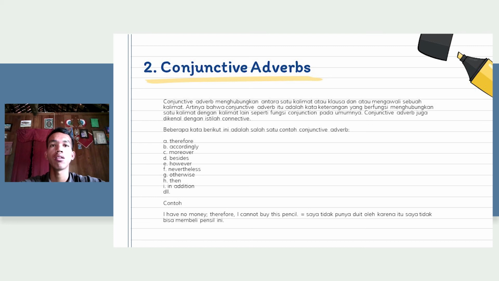The following words are examples of conjunctive adverbs. Therefore, accordingly, moreover, besides, however, nevertheless, otherwise, then, in addition. For example, I have no money, therefore, I cannot buy this pencil.